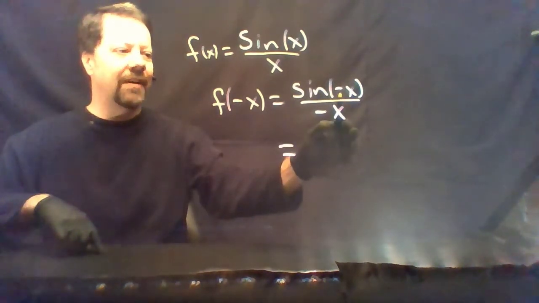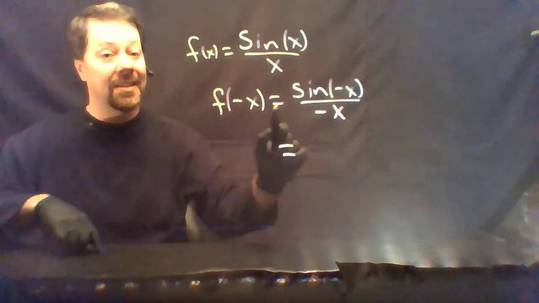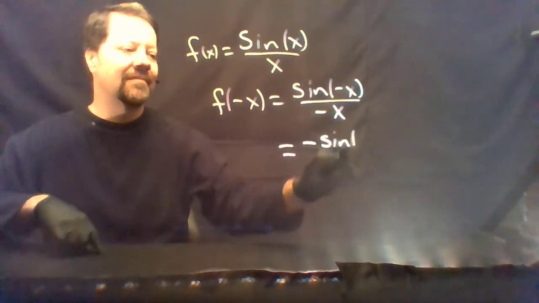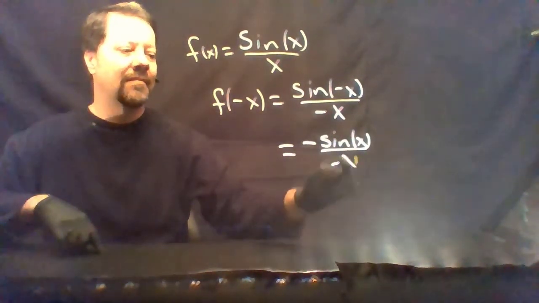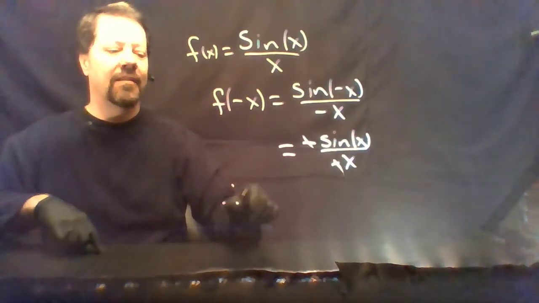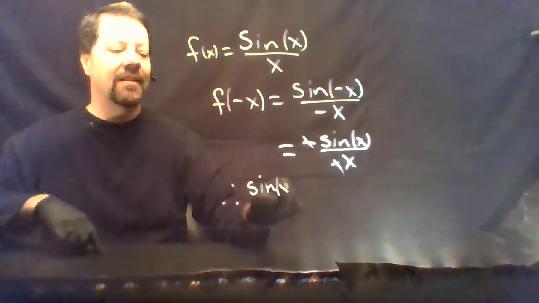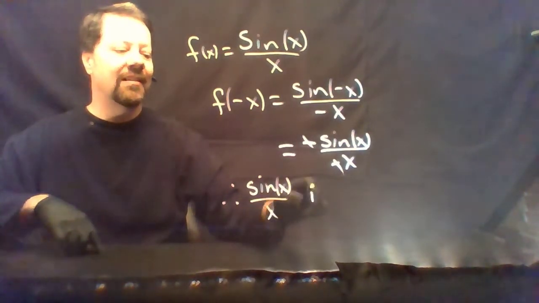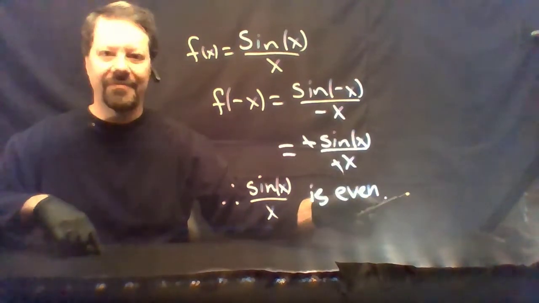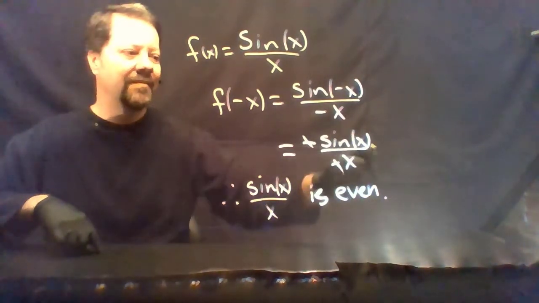Now on the sine function, negatives pull out because sine is odd. The negatives cancel off. Our function sine of x over x is even. The negatives disappear.